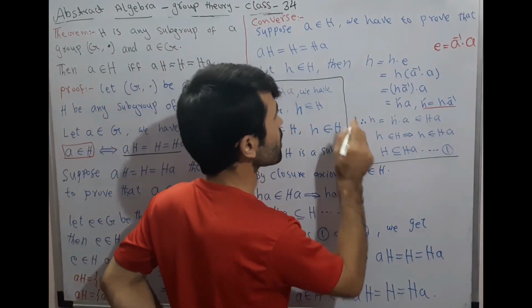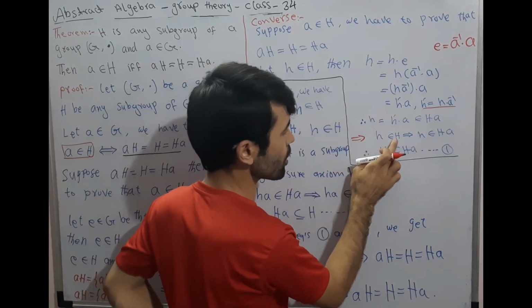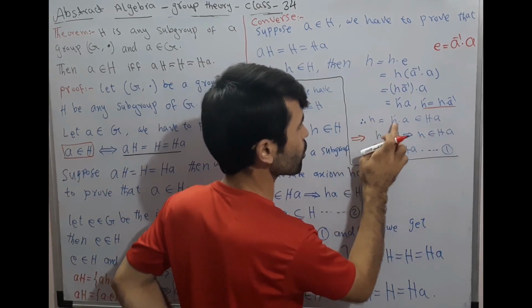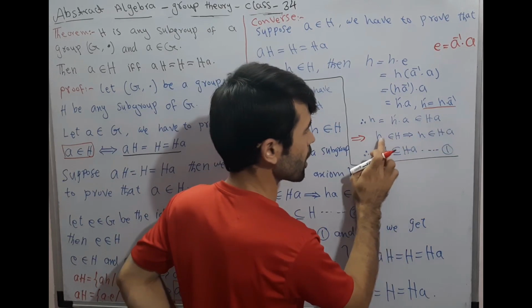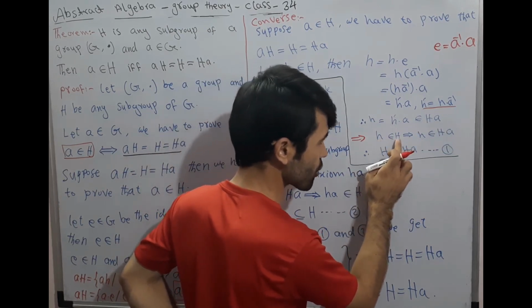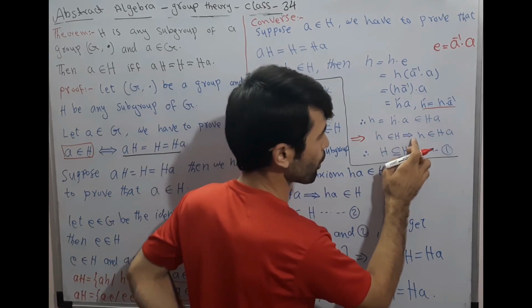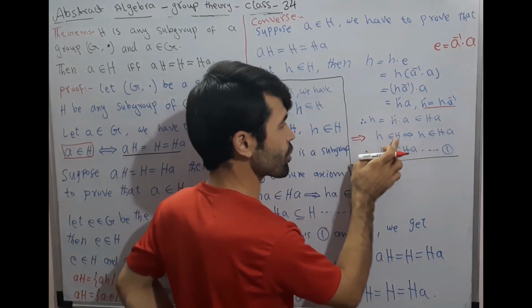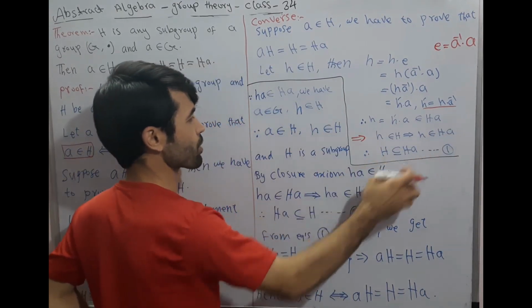This implies h belongs to H implies h belongs to Ha. Therefore, H is a subset of the right coset.